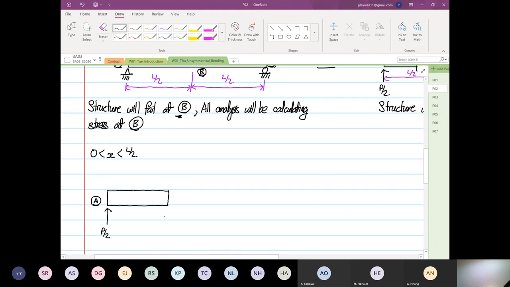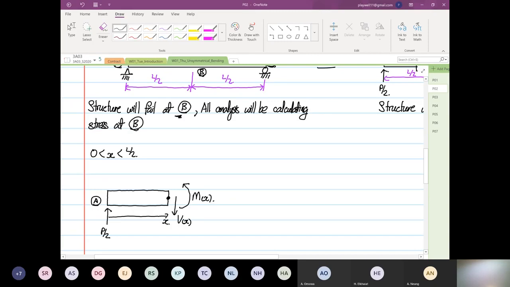And this distance is X, right? So we want to find out what is happening at point X. This is the shear force as a function of X, and this is the moment as a function of X.